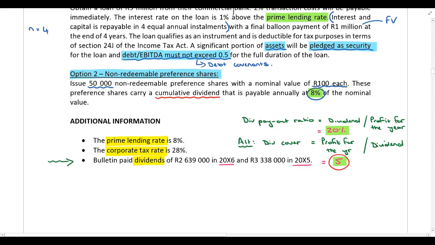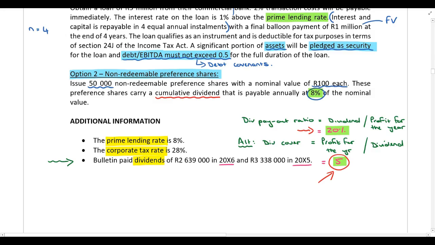Now, ideally, we should compare this dividend payout ratio or the dividend cover to a similar company or to an industry average so that we can determine whether this is reasonable or not. However, we don't have that information, so we can't make that comparison, but you should still include that as a discussion point in your solution.